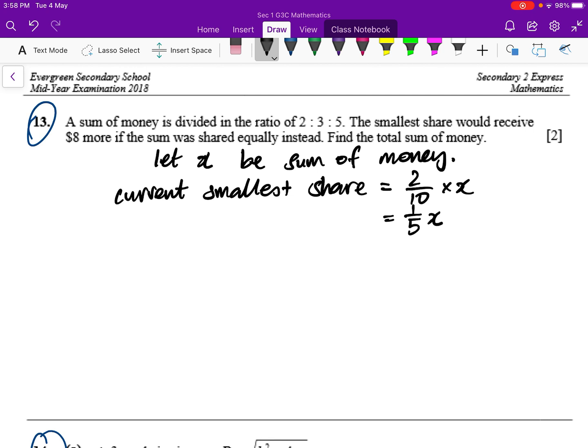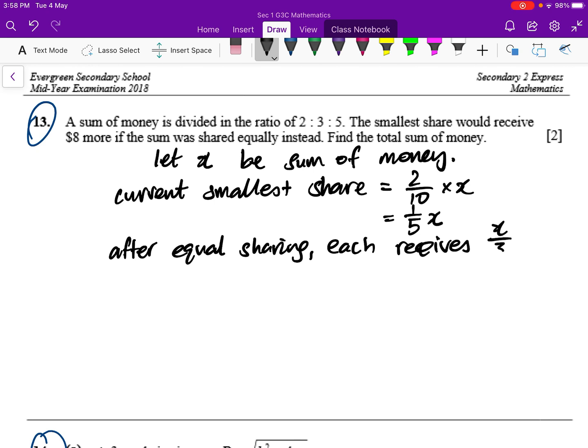Now, what happens if I were to share the original sum of money equally into 3 equal parts? After equal sharing, each receives x over 3. So they also told us that the smallest share would receive $8 more if it is shared equally. So the difference between these two values will be 8. Okay, so if we take the larger fraction, which is x over 3, and take away x over 5, we get 8.